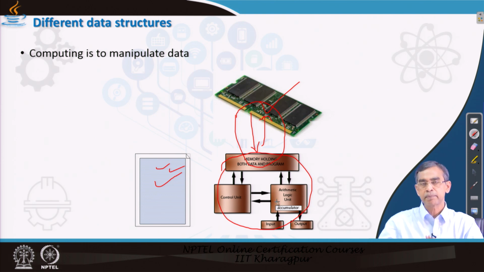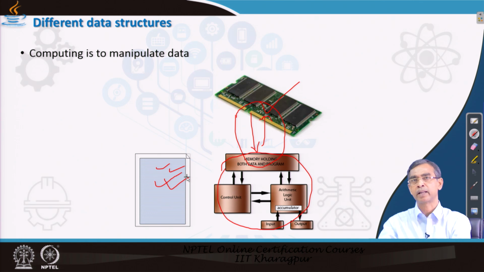So, this is basically the idea about computing, and here is the need for a very efficient mechanism by which the data that you want to process is stored in a very efficient, structured manner. That is why different structures need to be considered, depending on how efficiently we can manage.